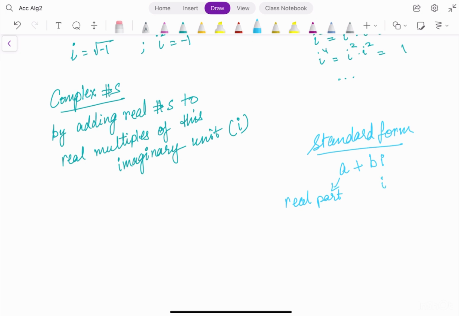The term b has i, so that is the imaginary part, which makes sense because it is multiplied by i, and i is the imaginary unit.